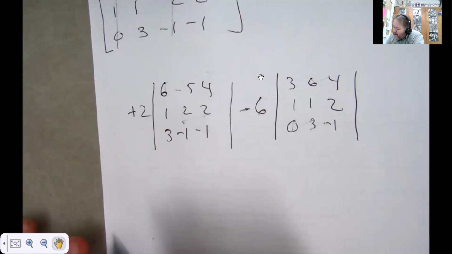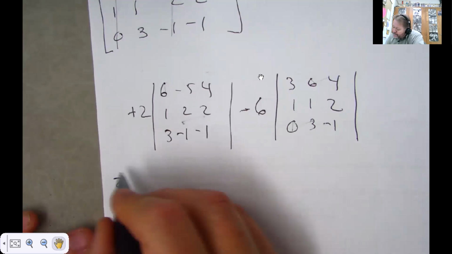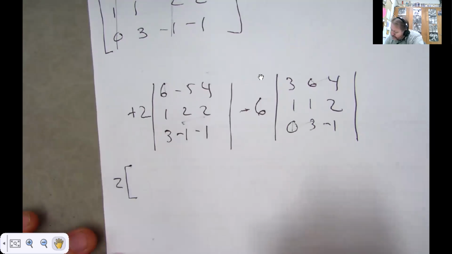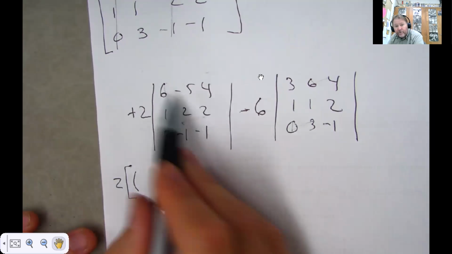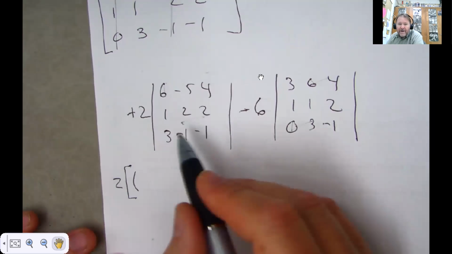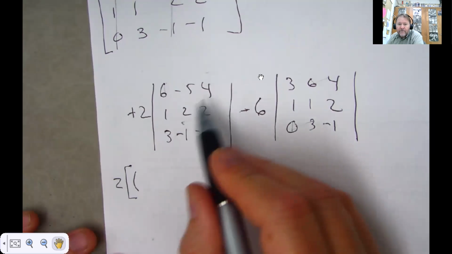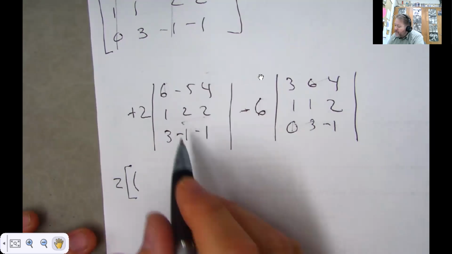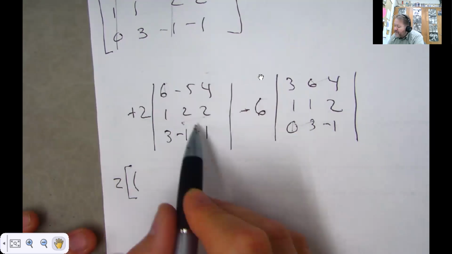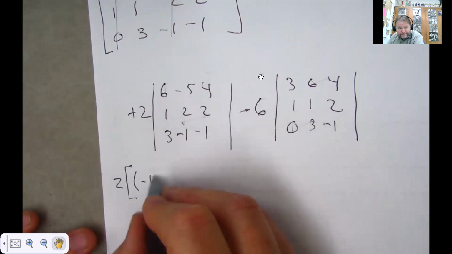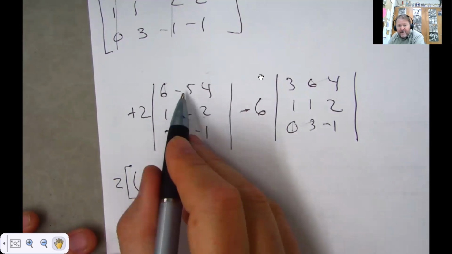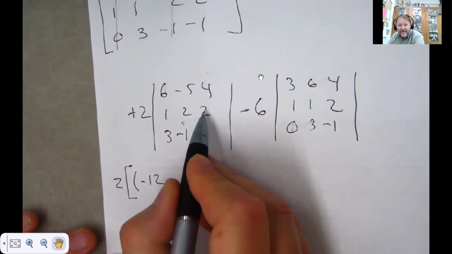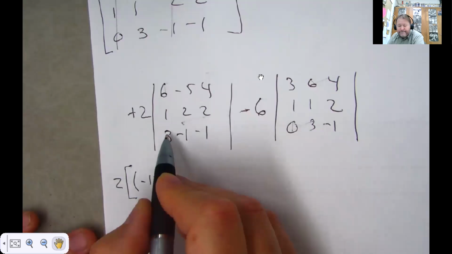It's going to be 2 times, and I'm going to put a bracket like this. I go 3 numbers downhill 3 times, 3 numbers uphill 3 times. So this is going to be 6 times 2 times negative 1 is negative 12. This is negative 5 times 2 times 3 is negative 30.